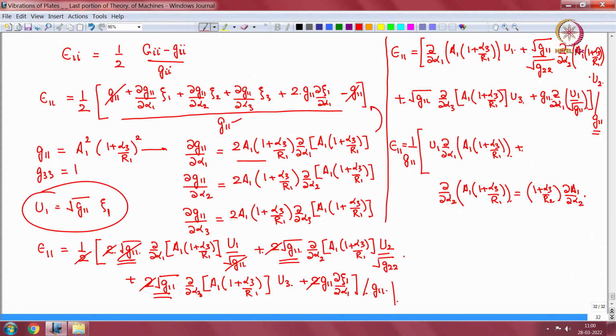Okay, so that is our Gauss Codazzi relation. So what we get? If I write A1 (1 plus alpha 3 by R1) and A2 (1 plus alpha 3 by R2), this is root G1 by root G2 2. Okay, then del alpha 2 of this is (1 plus alpha 3 by R2) del A1 by del alpha 2. Okay, so then this goes away.